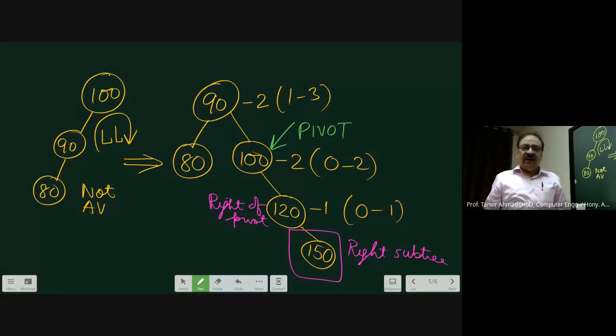Any insertion done at 150 or below 150 will all be in the right subtree. Even if an insertion were done below 150, that is all the right subtree.